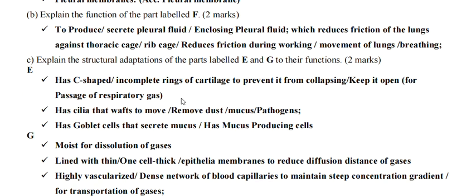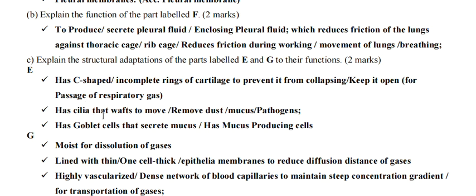We'll start with E, which is the trachea, and it has C-shaped rings of cartilage to prevent it from collapsing, and apart from that, to keep it open for passage of respiratory gases, that is oxygen and carbon dioxide. To insist, C must be written C-shaped, because they are C-shaped in appearance, and they help prevent it from collapsing.